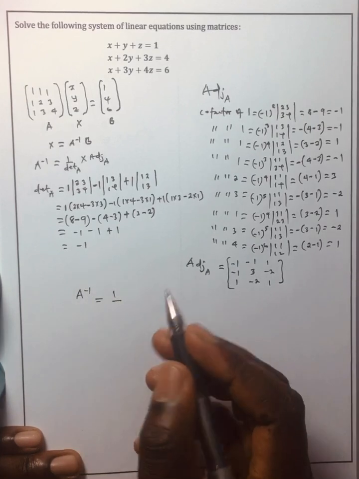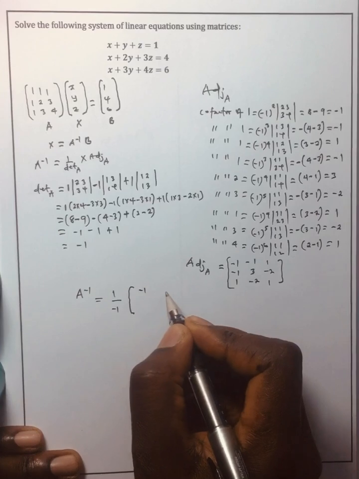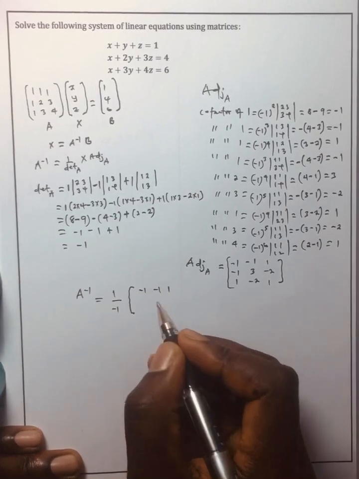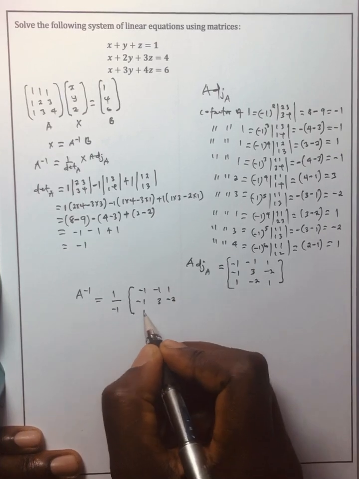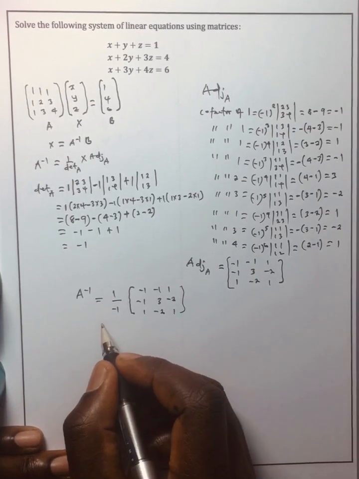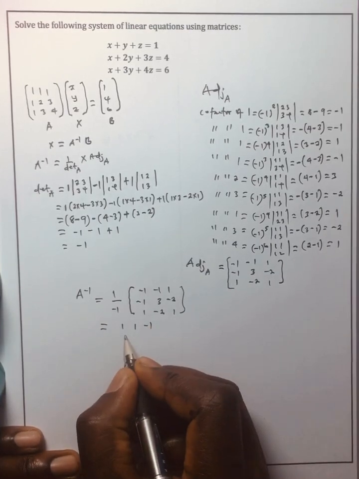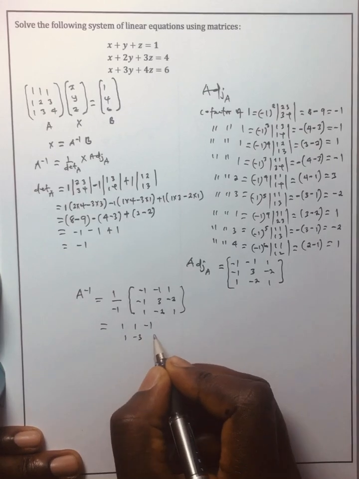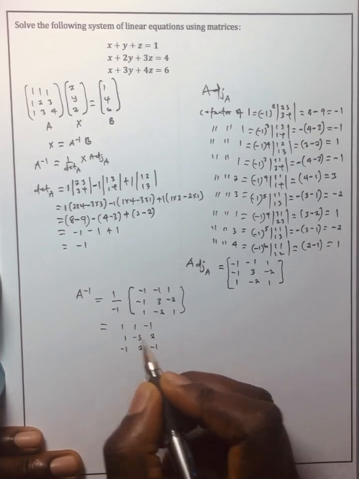The determinant was negative 1. Then it multiplies the adjoint, and that's going to be equal to 1, 1, negative 1, 1, negative 3, 2, negative 1, 2, negative 1.